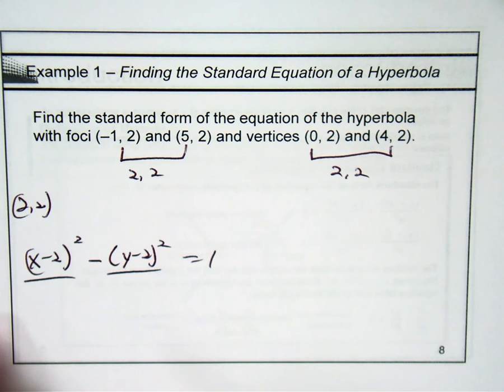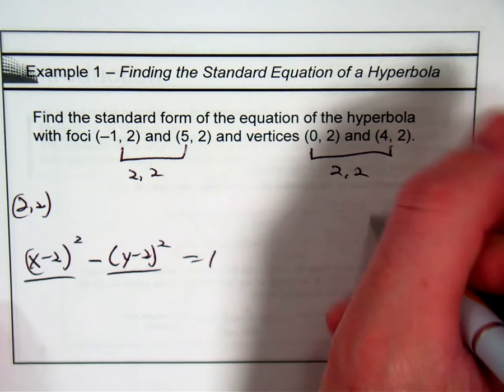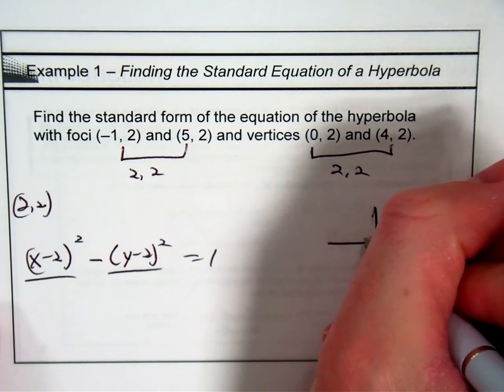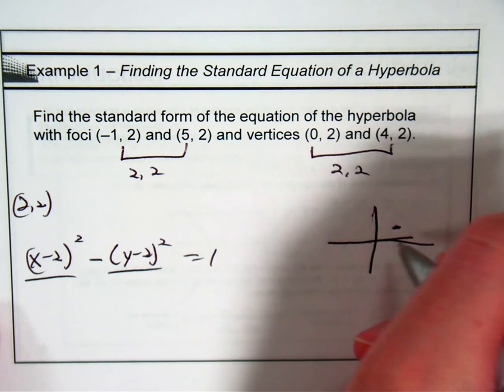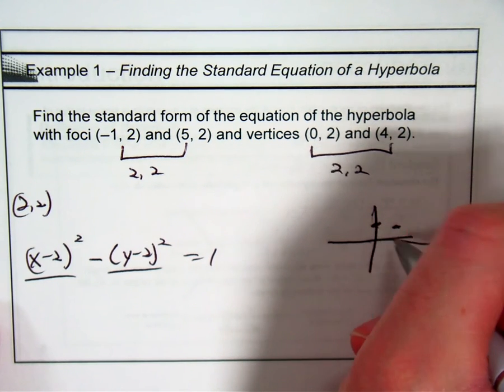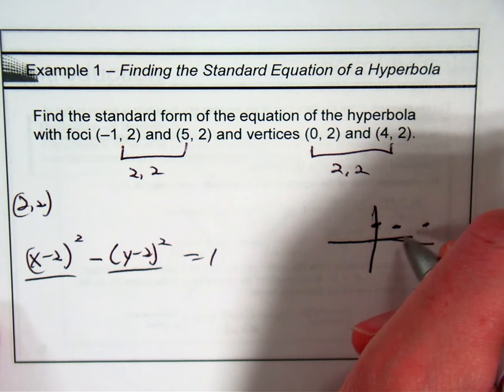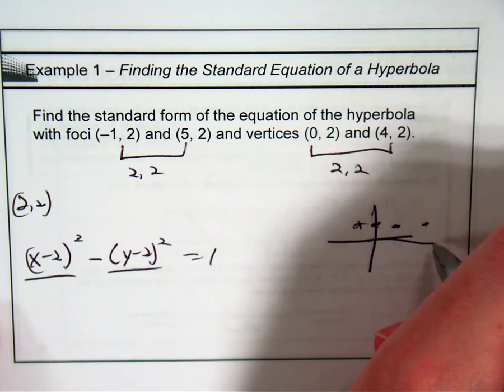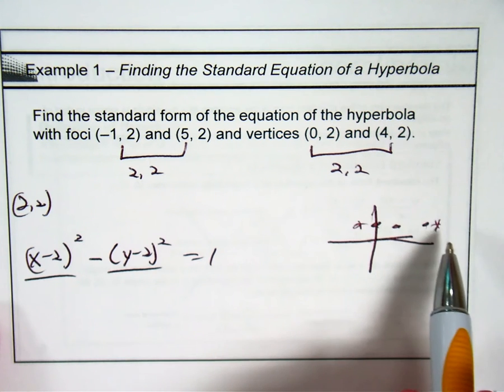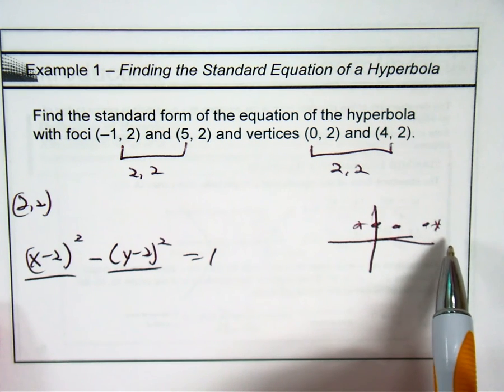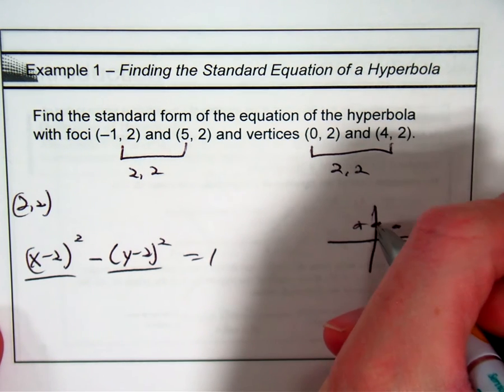Next, let's draw a little sketch. So I've got my (2, 2), (0, 2) and (4, 2) for the vertices, and foci at (-1, 2) and (5, 2). So maybe if we did that quick little sketch first, it'd be a little more obvious that this is going to be a side-to-side one.